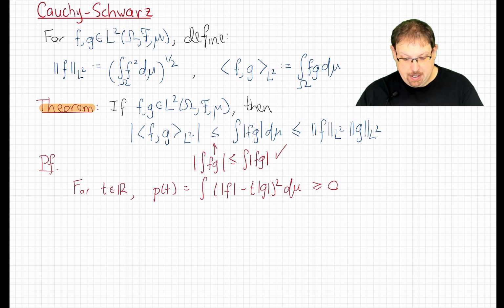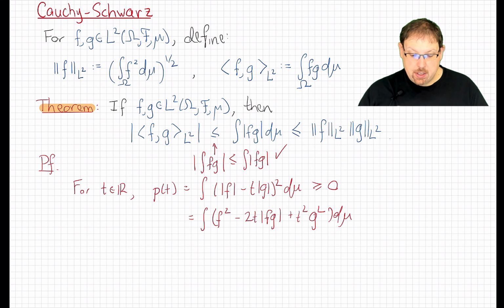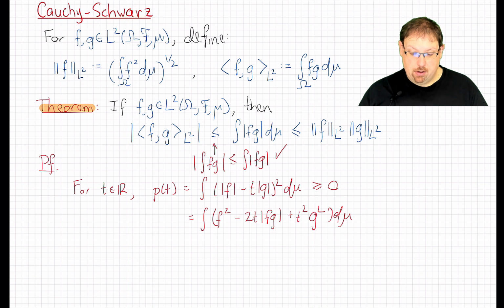Now, let's expand out inside, and we'll see that we have f squared minus 2t times the absolute value of fg plus t squared times g squared d mu. And now we see that this actually is a finite number for every t, because as we've shown, each of these three terms is in L1 when f and g are in L2.